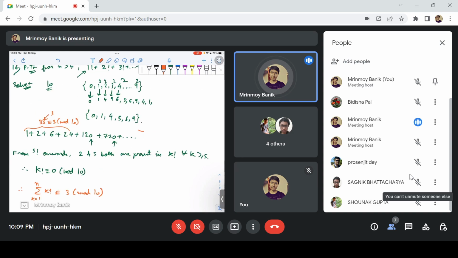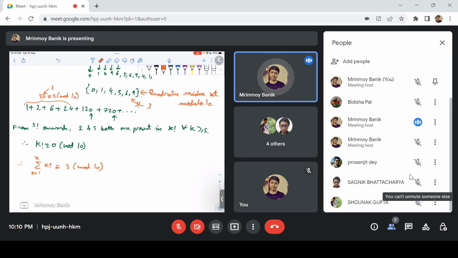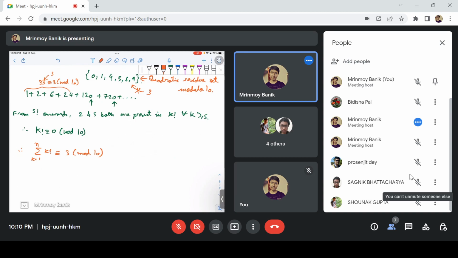And observe that 3 is not in the quadratic residue set modulo 10. So 3 is not in here, so none of them are perfect squares. And 3 is not inside Q10.